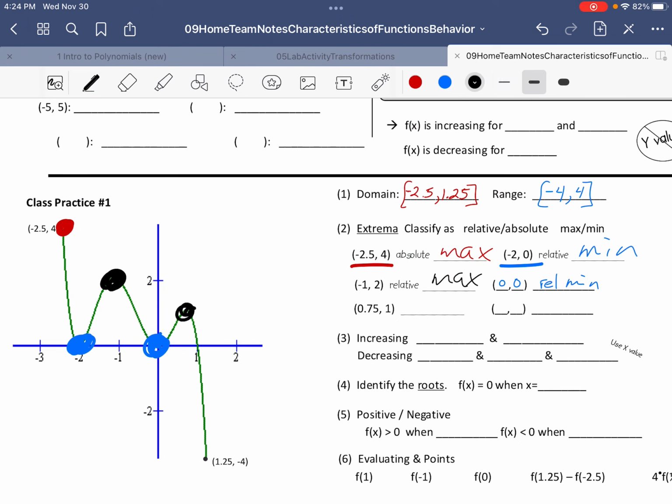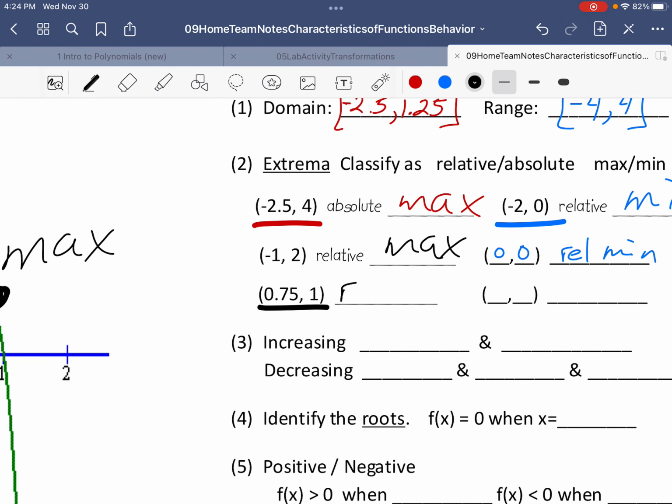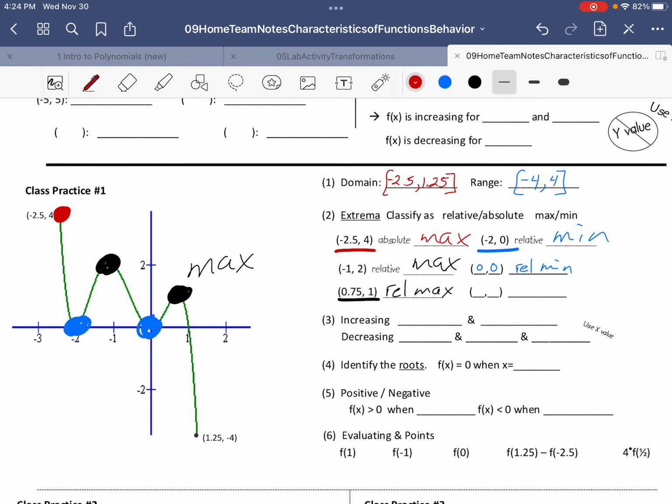How about this point right here? It doesn't look like it's right on an x value, but we'll say it's 0.75, 1. It's definitely a high point on the graph. It's not the highest point, so that's why we're going to call it a relative maximum. And then the only point that we haven't discussed is this point at the bottom.